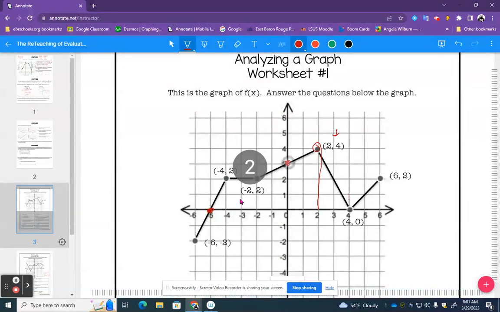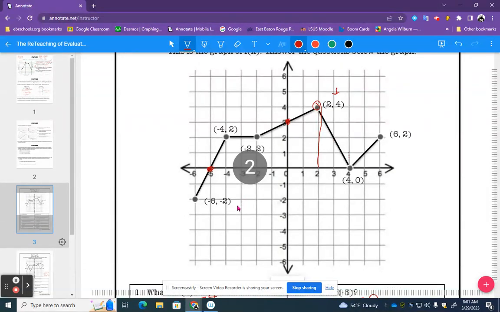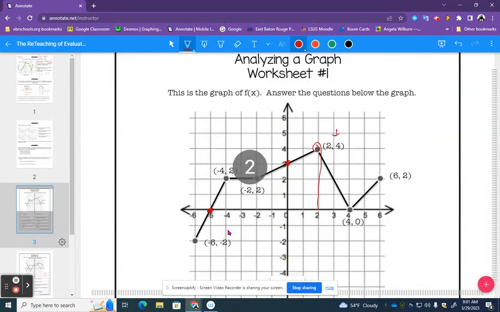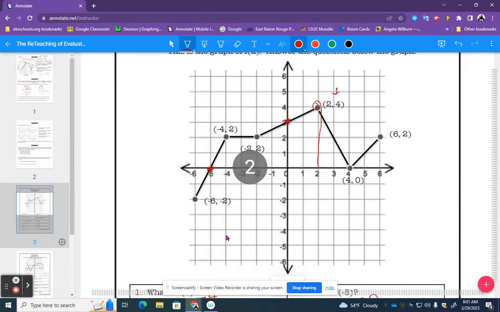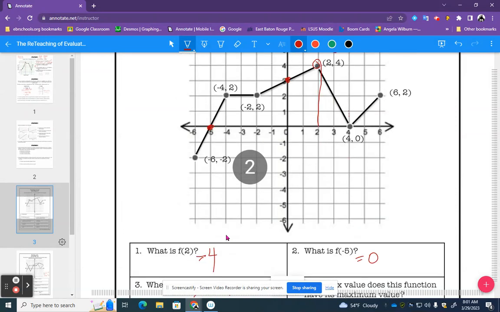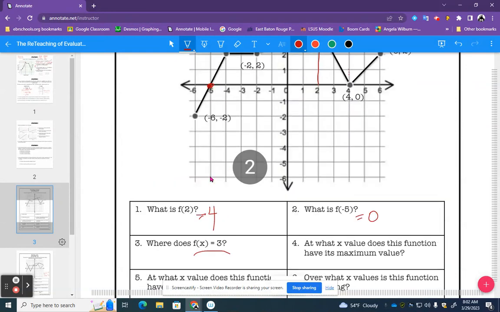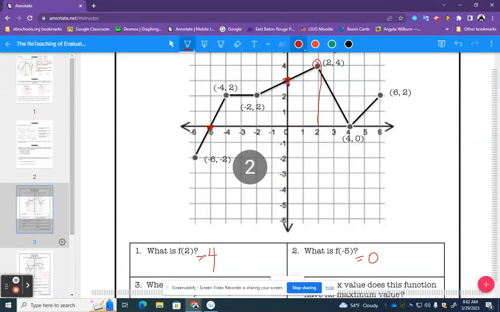What is x there? Red line. Wait, say it again. Is it that red line that you just made? When y equals 3, where am I at on the x-axis? It would be 0.